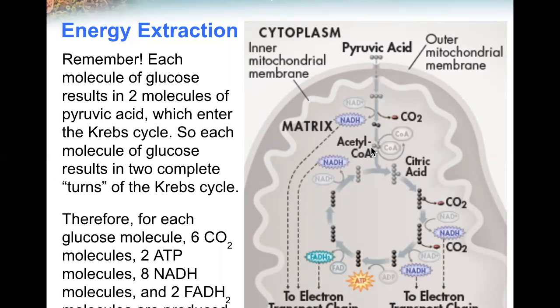Therefore, for each glucose molecule, 6 carbon dioxide molecules, 2 ATPs, 8 NADH, and 2 FADH2 molecules are produced.